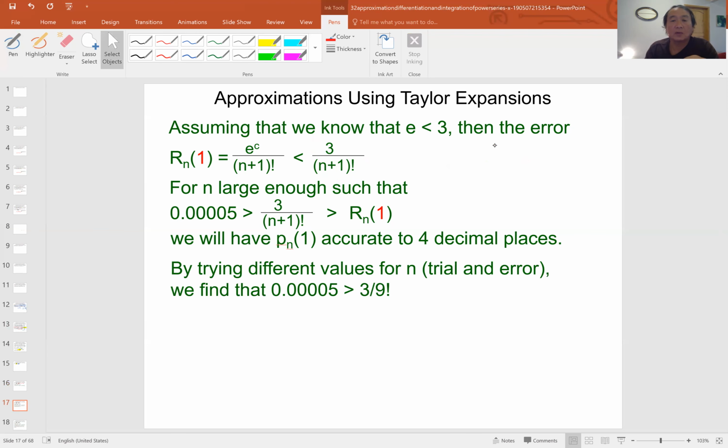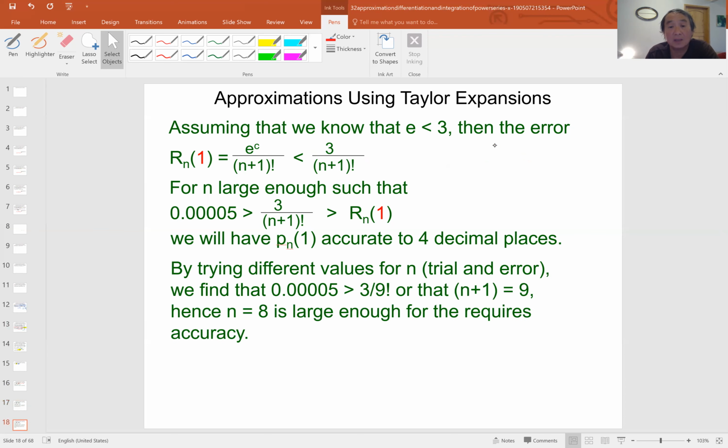Use the calculator: 3 divided by 5 factorial, 3 divided by 6 factorial, 3 divided by 7 factorial, see how big it is, and then keep doing this. Pretty soon, when you go up to 9 factorial, you will find out that 3 divided by 9 factorial will be less than the prescribed number, which means n is 8. Because n plus 1 is 9, so n is 8.